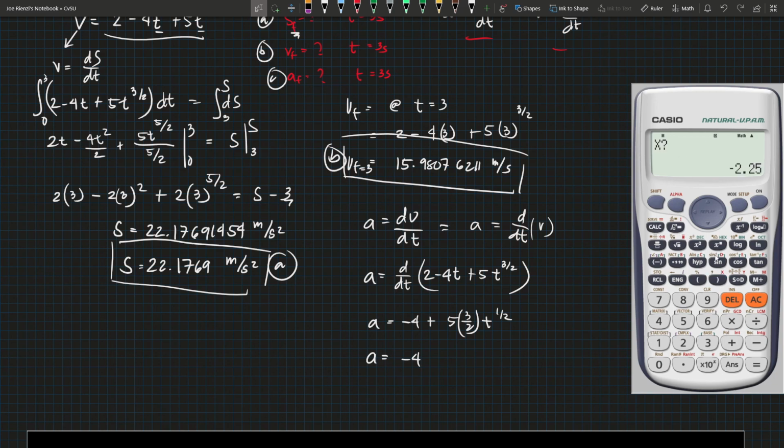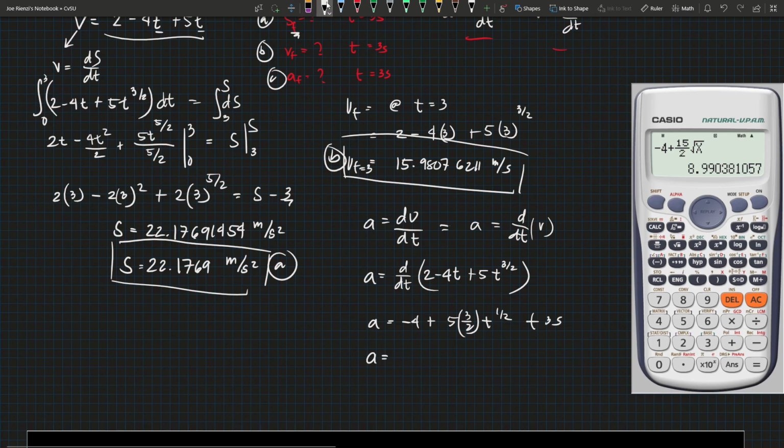So calculate knowing our time. Time ba tayo? 3 seconds. So burahin ko na siya. Basta substitute nila yung 3 seconds dito.